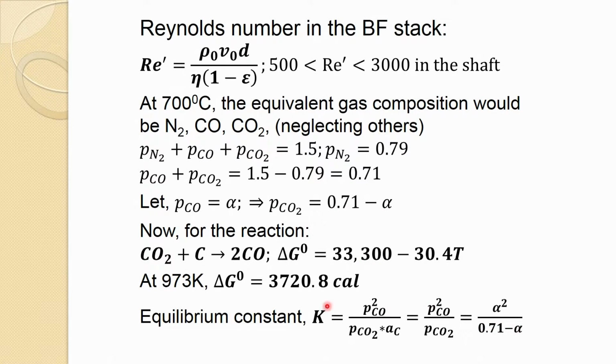Now we need the equilibrium constant value K in order to get alpha, and the equilibrium constant value can be calculated using the free energy for this reaction.